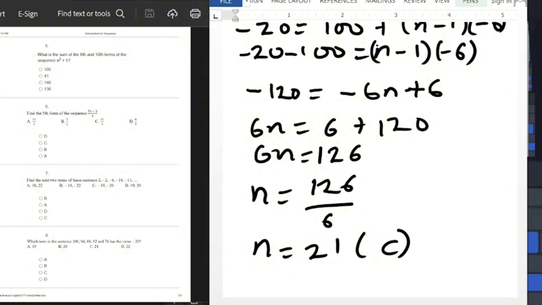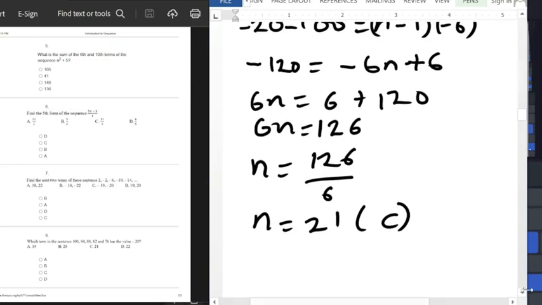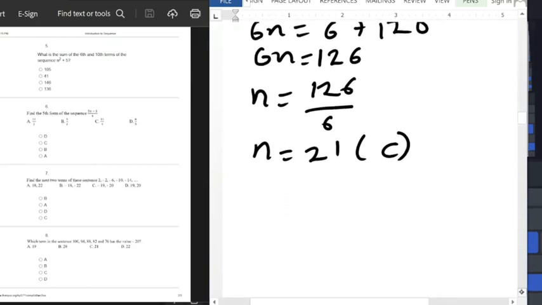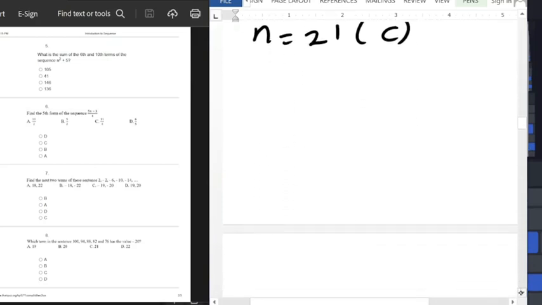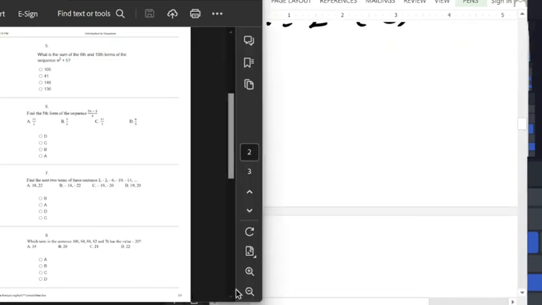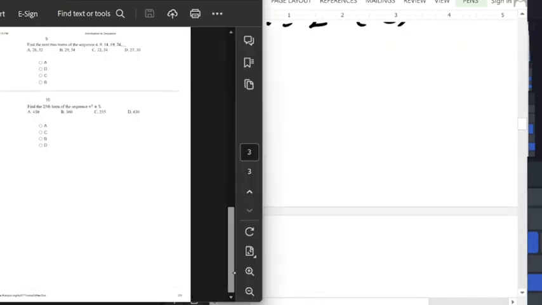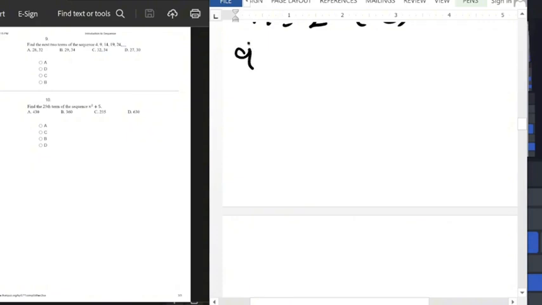Then number 9. Question 9 says, find the next two terms of the sequence 4, 9, 14, 19.